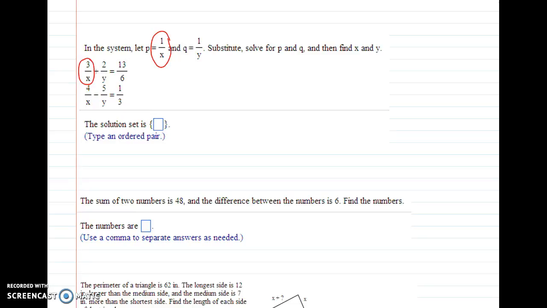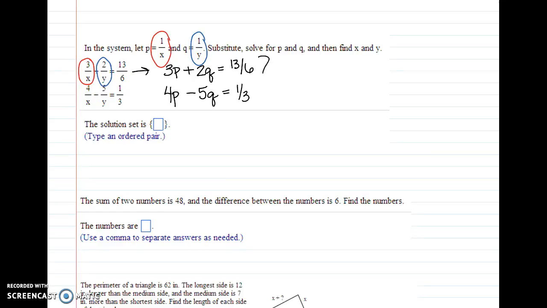We're going to let that be P. So this equation now reads 3P, and 2/y would be 2 times 1/y. So that would be 2Q equals 13/6. And same thing again, 4/x is really 4 times 1/x. 5/y is 5 times 1/y, and that's going to equal 1/3.